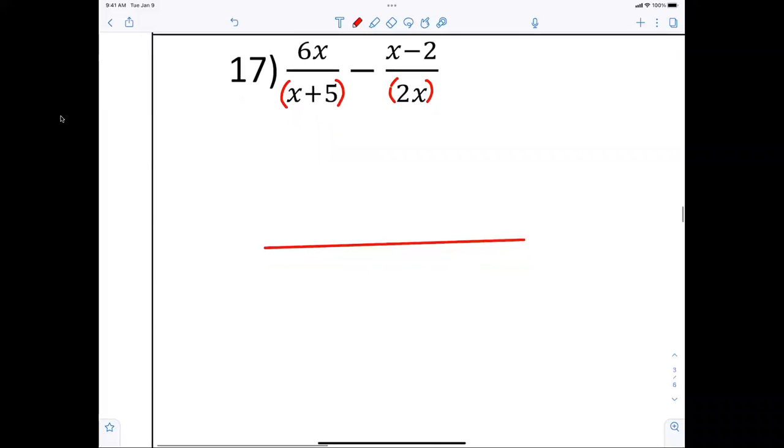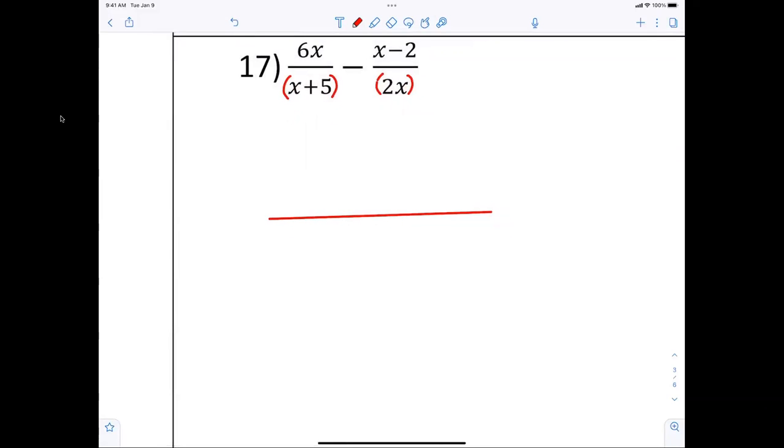So what is the common denominator? Someone give it a shot. X plus 5 and what? Times 2x. That is the common denominator. Because the 2x is by itself, generally we write it as 2x times x plus 5. That is the common denominator. I don't think that's that hard.